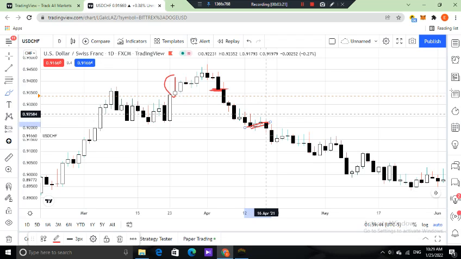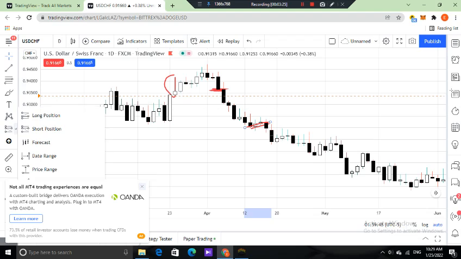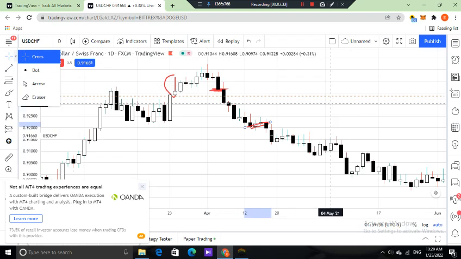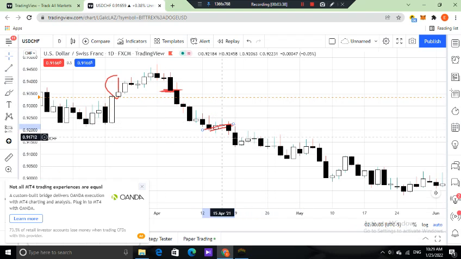And how about now? Should you change your stop? Should you raise it or move it somewhere? Okay, you can move it. You can trade your stop loss.